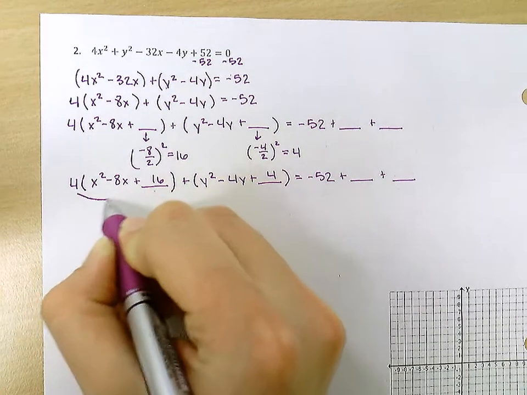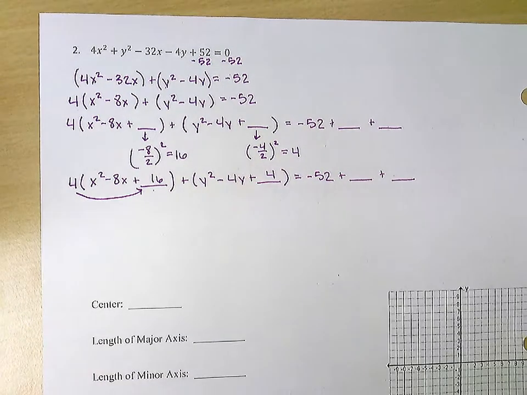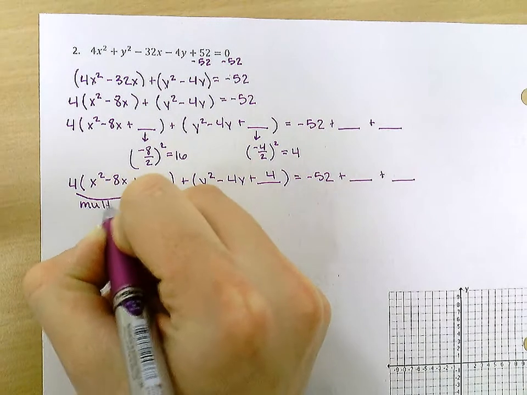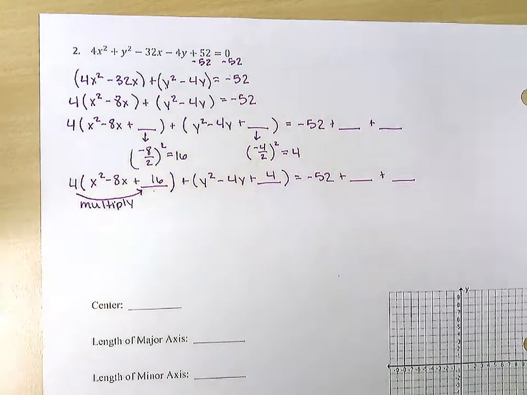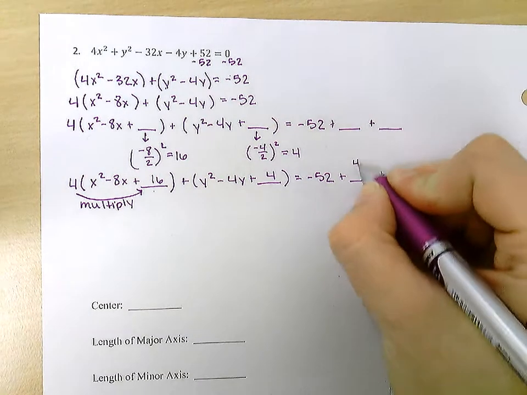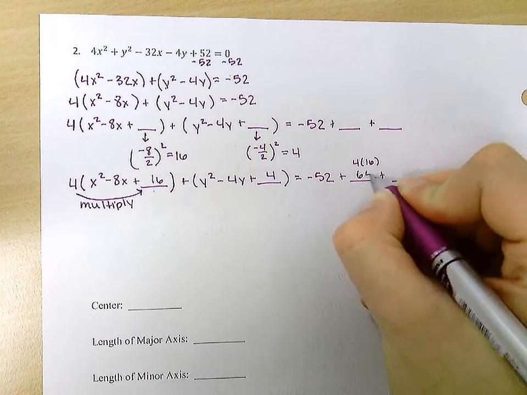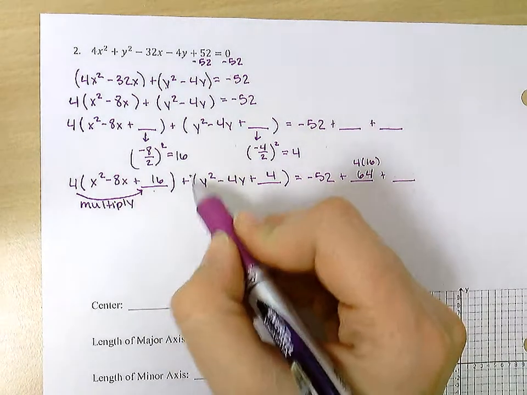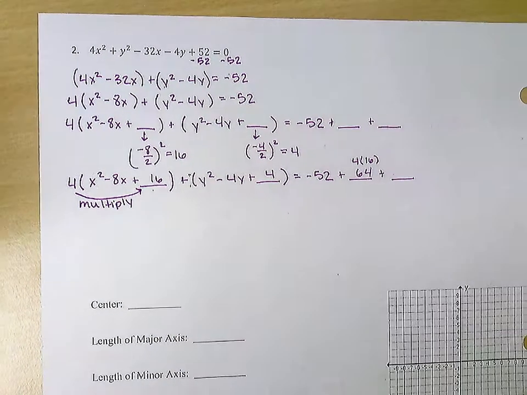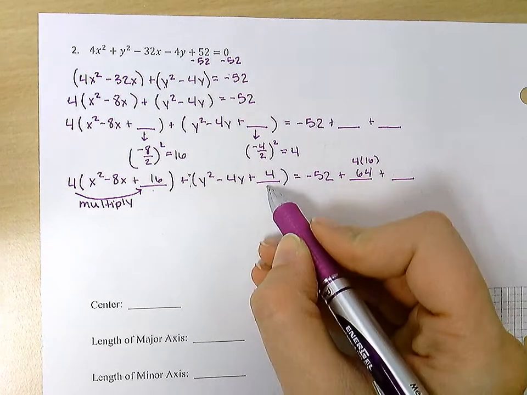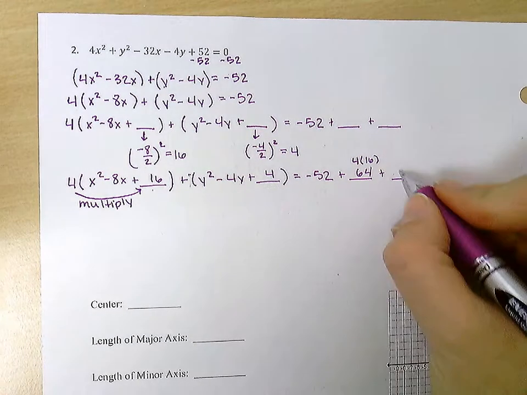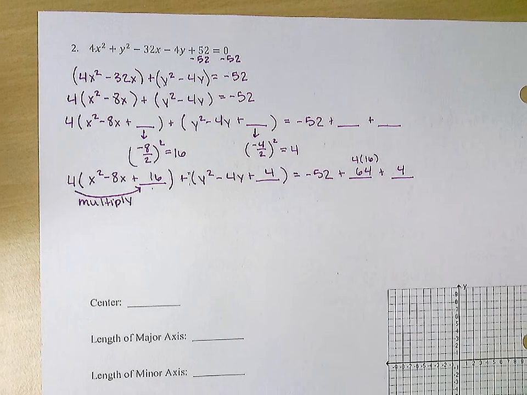So for this first one, I have to multiply 4 and 16 together. So we have 4 times 16, that's 64. My second one, my value out front here is just 1. So you could still multiply those together, right? But you're still just going to end up with 4. So I have to add 4 to the other side as well.